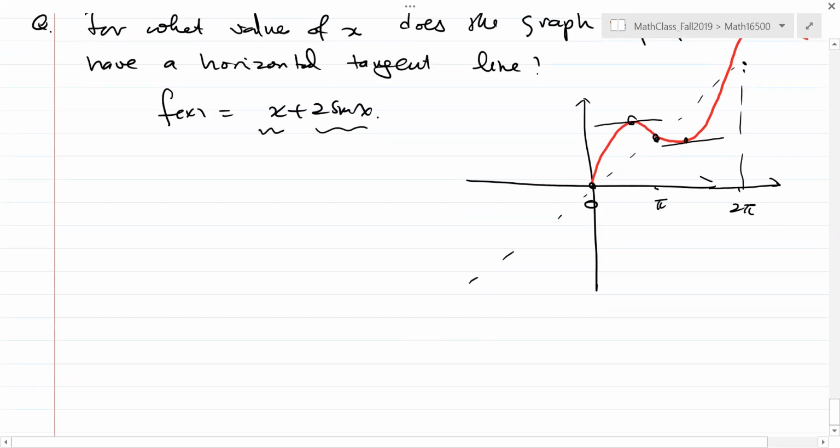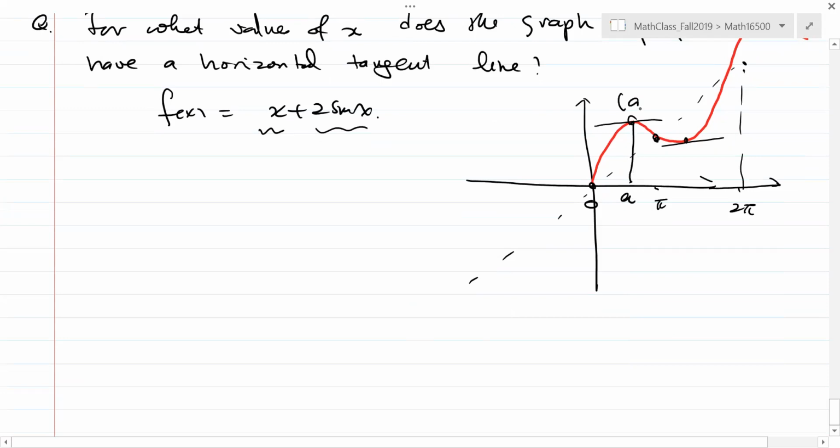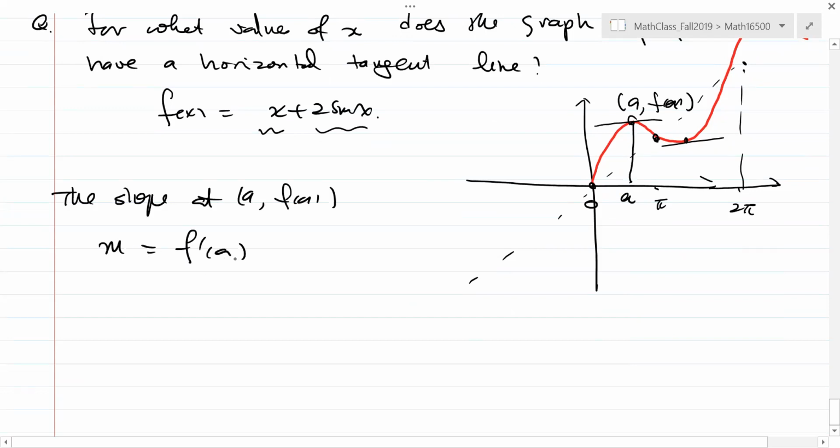So how can I solve the problem? Well, the slope, let's call the point A, right? At this particular point, A and f of A, the slope is going to be the derivative of the function.